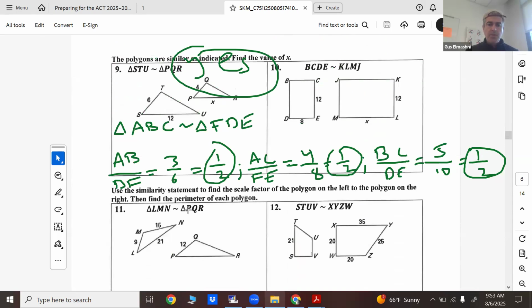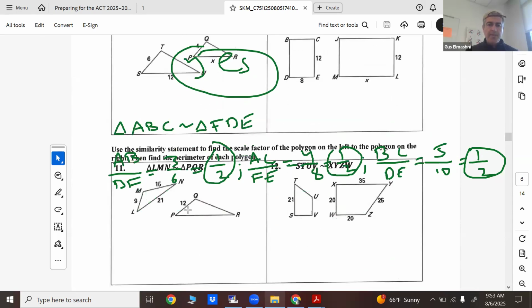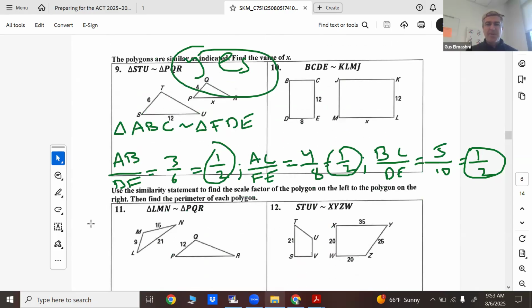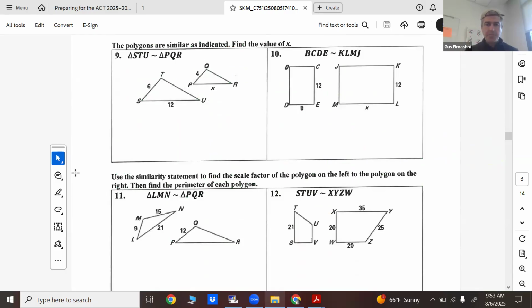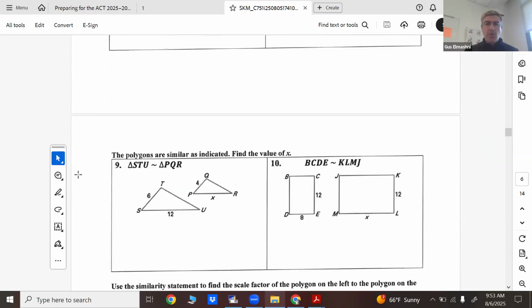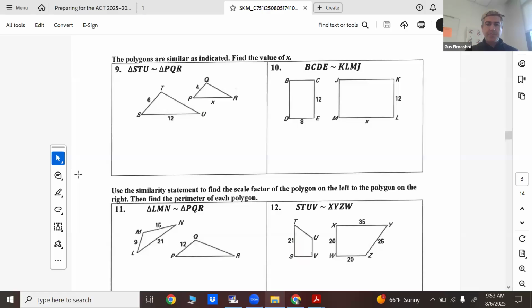Let's skip down to 9 and 11. I know I'm doing the odds now, but I want to stick with triangles right now. Okay. So you're told these are similar. You're told that.